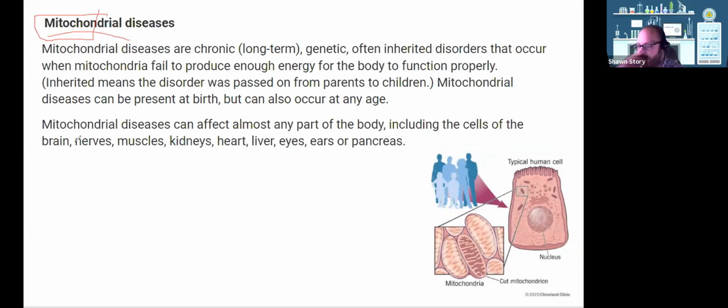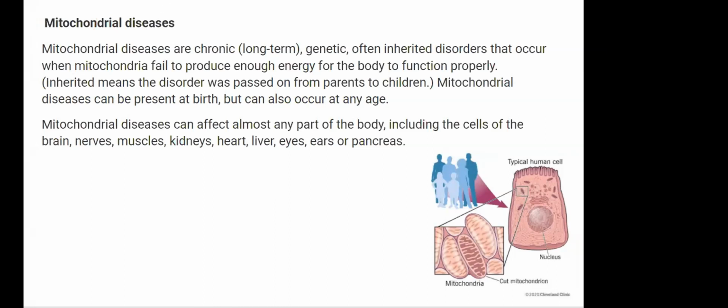Who would like to read this passage for us? I'll do it. Okay, go ahead. Mitochondrial diseases are chronic, long-term, genetic, often inherited disorders that occur when mitochondria fail to produce enough energy for the body to function properly.